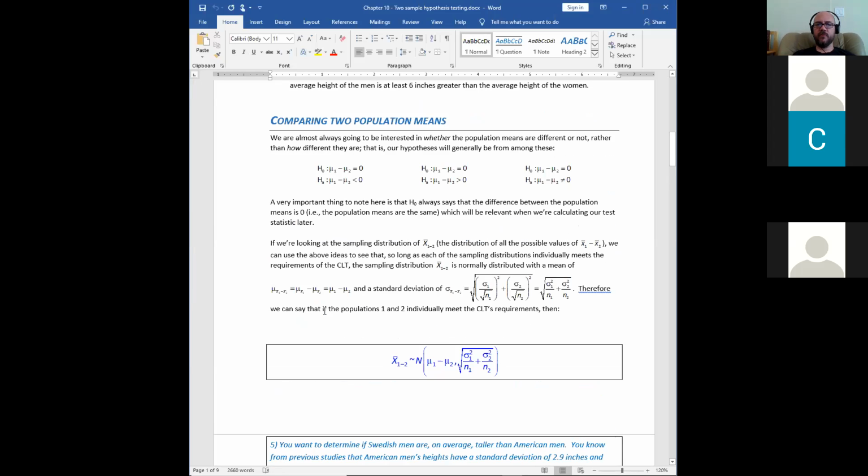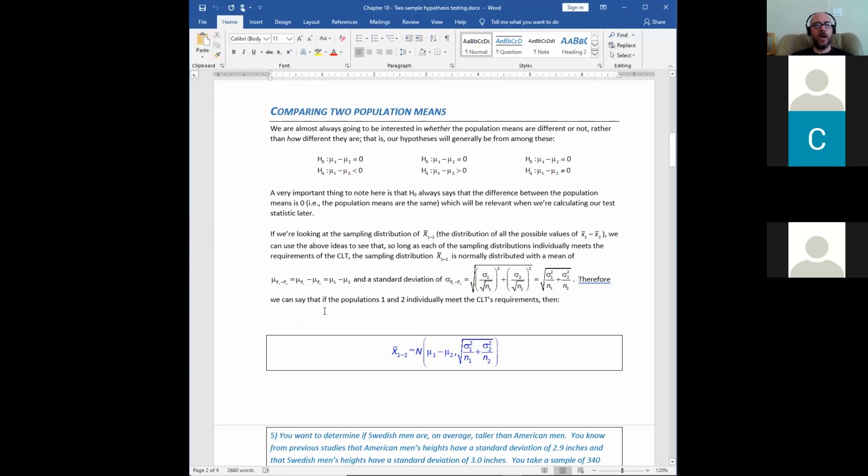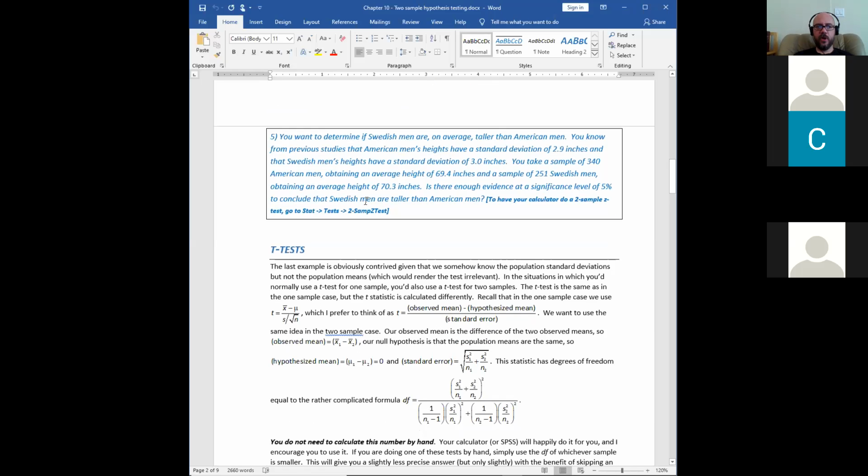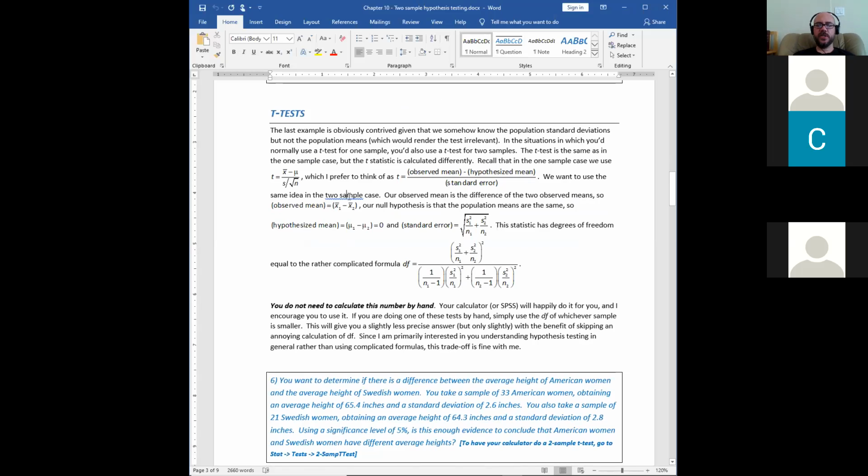But let me just start from here. If I want to compare two population means, the way we actually do that is not this one, because this is a z-test, but this, the t-test.